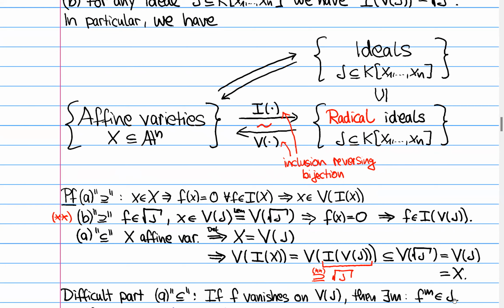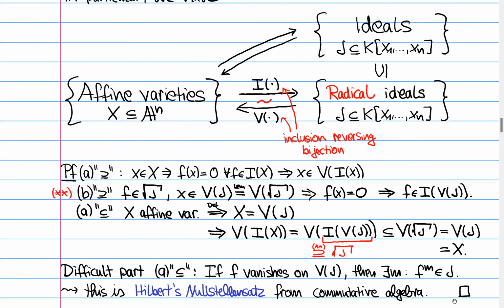And so here, the good thing is that this algebraic geometry course is right in the semester after the commutative algebra course. And in fact, this was part of the commutative algebra curriculum. So exactly this statement here was actually proven there, and this is what is called Hilbert's Nullstellensatz.